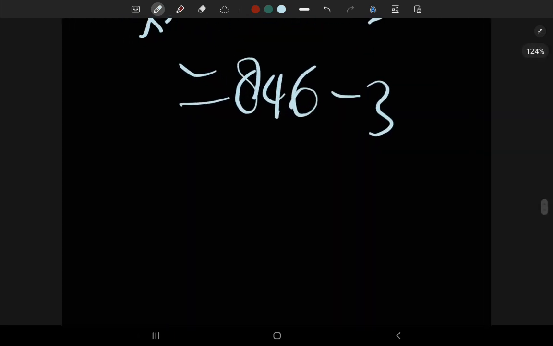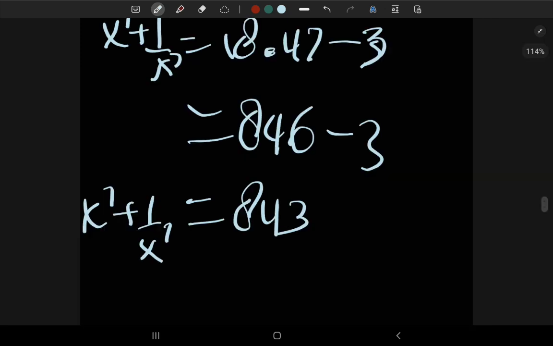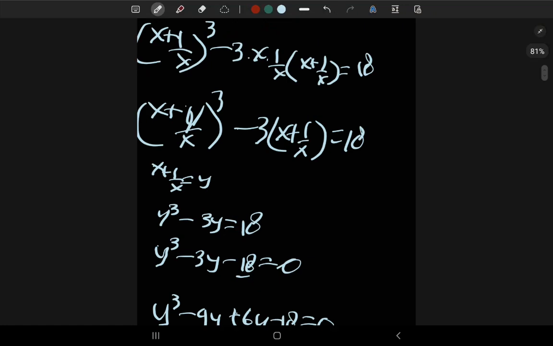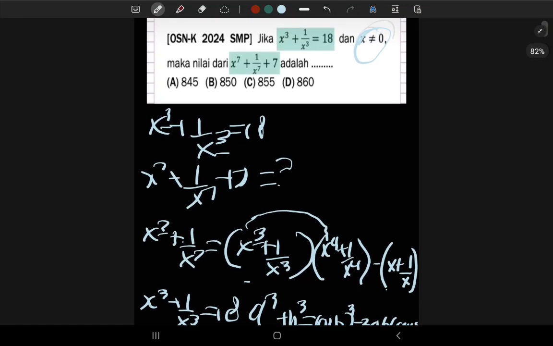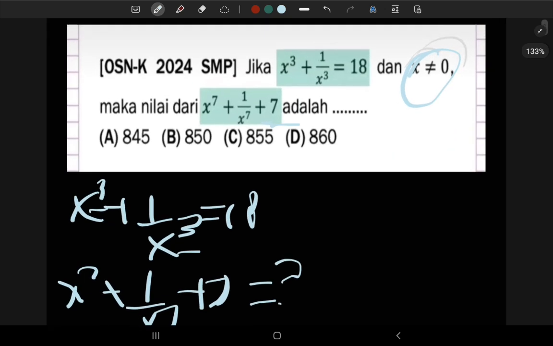So x to the 7 plus 1 over x to the 7 is equal to 843. But remember, we're tasked to find x to the 7 plus 1 over x to the 7 plus 7. So we just do 843 plus 7, which is equal to 850.